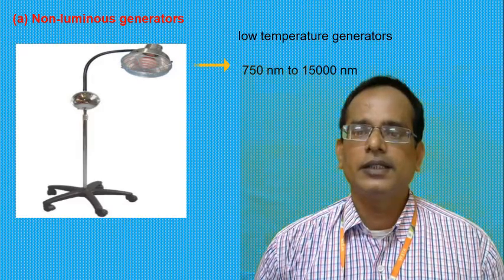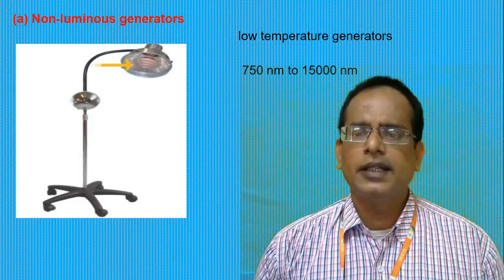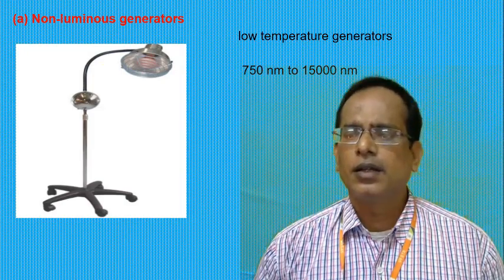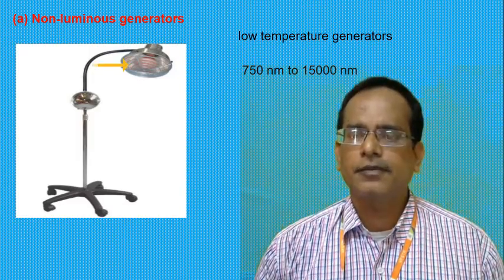These generators are heated by the passage of electric current through a bar wire or some carbon, held in a non-conducting material like porcelain, that is mounted in the center of parabolic reflectors.